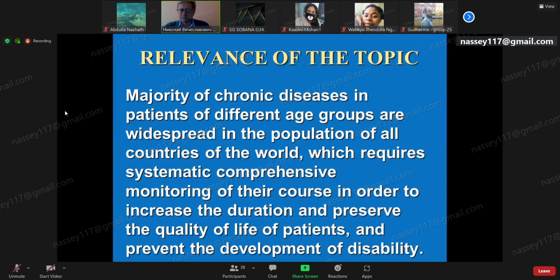These diseases require systematic, comprehensive monitoring of their course, and this monitoring should be directed at prolonging life expectancy, maintaining the patient's quality of life and preventing development of disability.